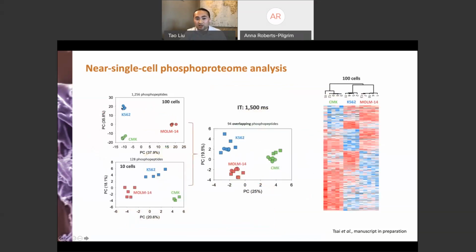As you can see, we still capture the differences amongst the different cell lines, and also maintain robustness in terms of reproducibility within replicates of the same cell lines. If you pick the overlapped phosphopeptides in this representation, you can see the sites that we capture from the 10 cells still reflect the differences that we capture at the 100-cell level, which is shown here.